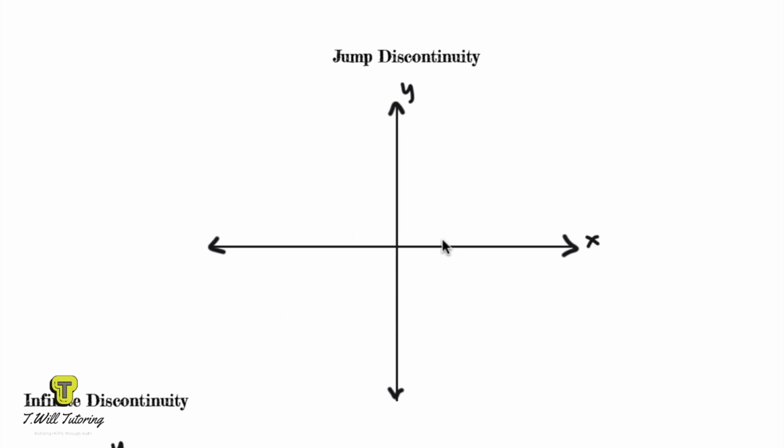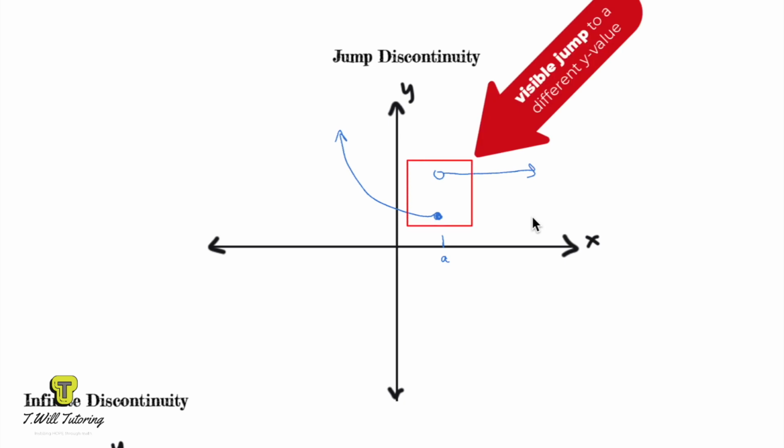I'm going to stick with looking around A. Let's say from this point to the left, we're completely defined, but then from A to the right, we have a horizontal line that occurs. I would consider this to be jump discontinuity because I've jumped or skipped to another y value in order to continue drawing my graph.